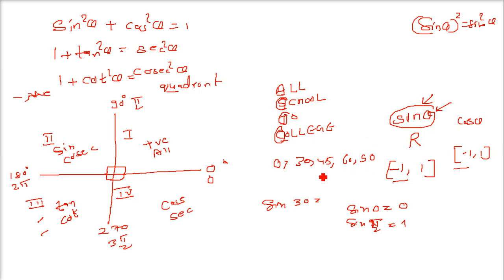If I say tan 45, you will certainly say that it is 1. If I say any other value, you are going to tell it's quite easy, right? Because sine 45 and cos 45 are 1 by root 2.